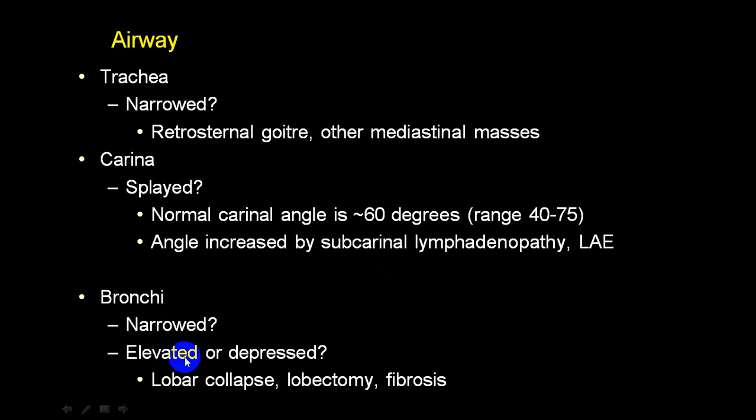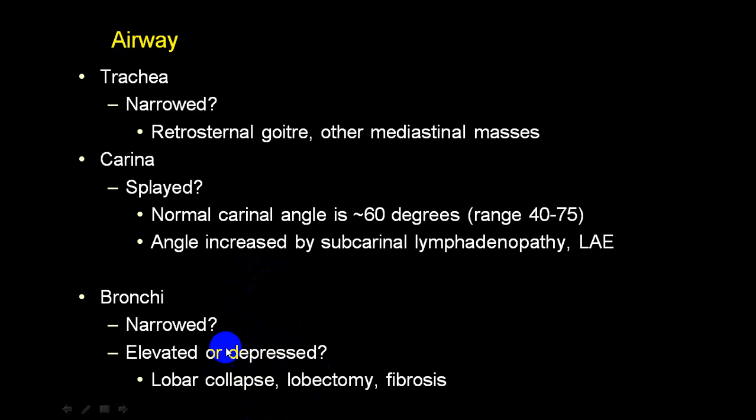Bronchovascular marking may be elevated or depressed because of the collapse, fibrosis, lobectomy, etc. So depending upon which lobe is being involved. If apical lobe is involved, it will be elevated. If lower lobe is involved, it will be depressed or pulled down.